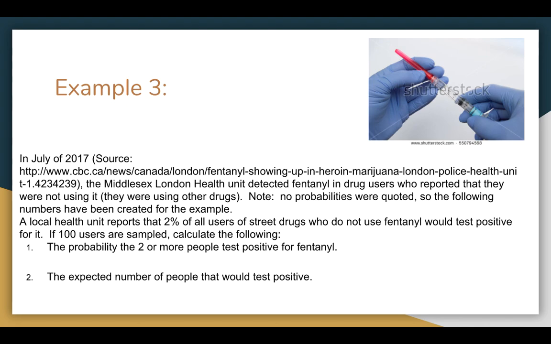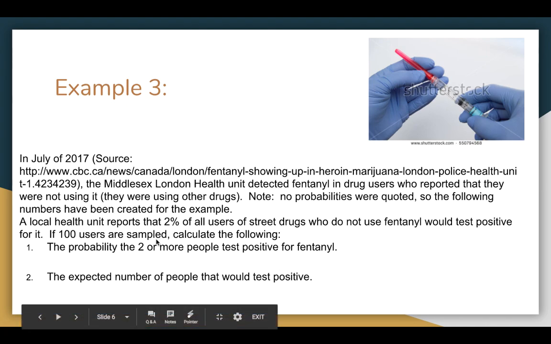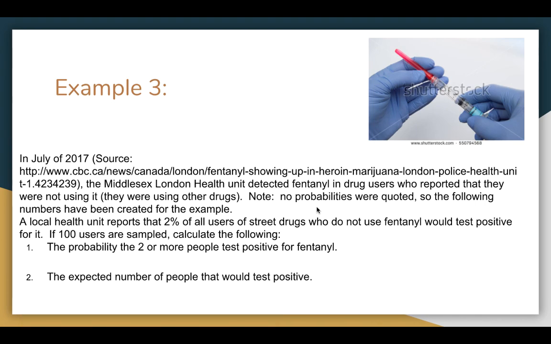And here, just note, I did make up this number, 2%. I had to put a number in there, and it wasn't in the article. It might be now, so you can check the article if you'd like, but I just used the number 2%. So this is like if you're infected, or if you say that you use street drugs, potentially you have a certain percent chance that you have fentanyl in your body.